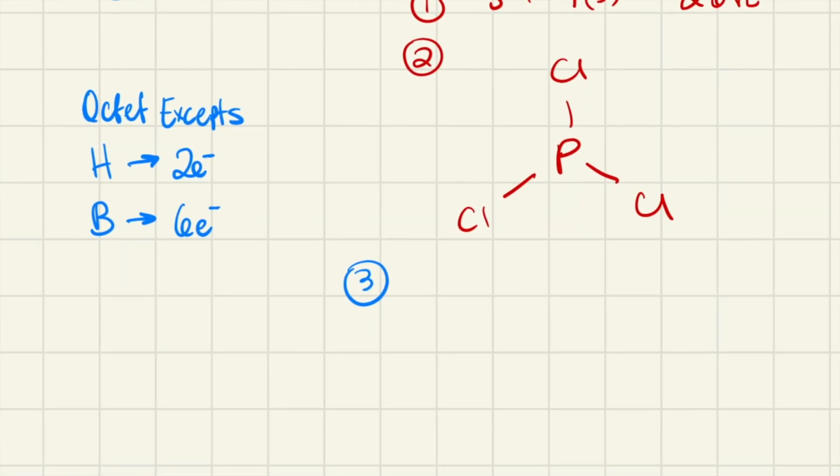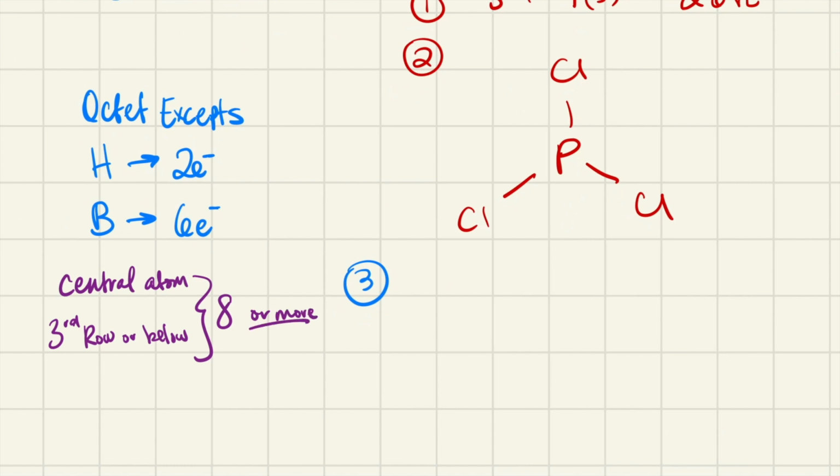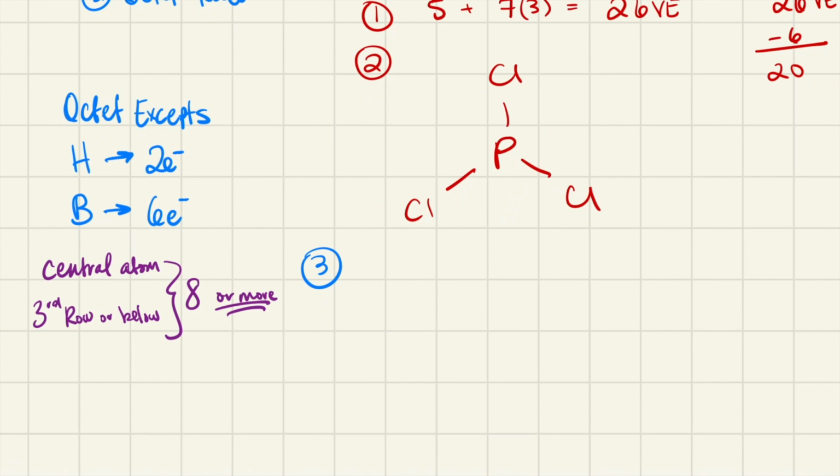And when you have a central atom that's on the third row or below on the periodic table, it can have 8 or more electrons due to the additional number of orbitals that it can pull on for bonding. That does not apply here. However, phosphorus is an example of something that is a central atom in the third row below, but we'll later on see that it has a normal octet.